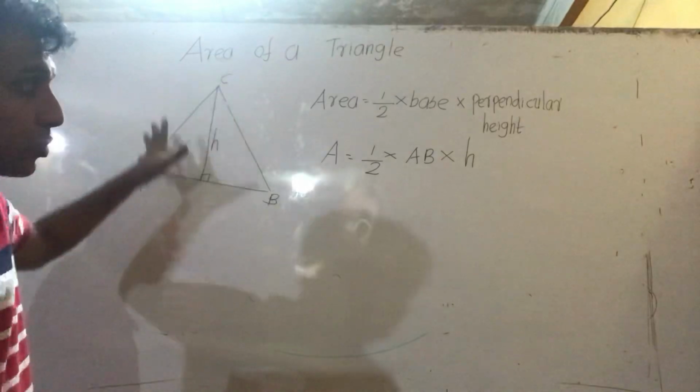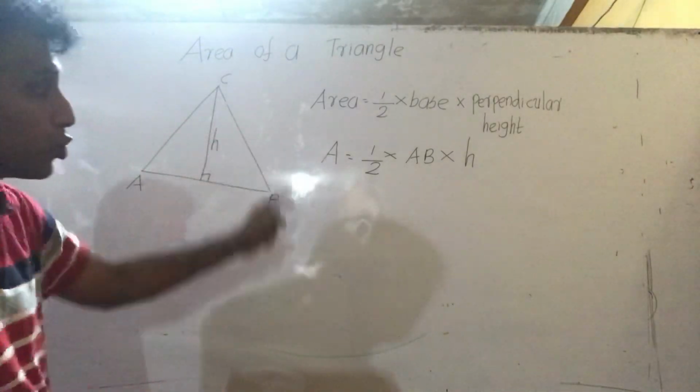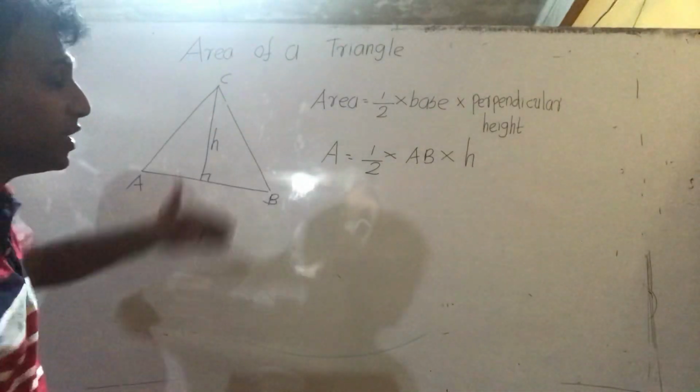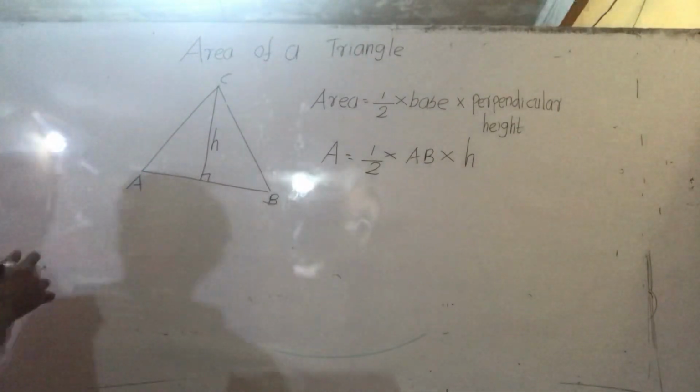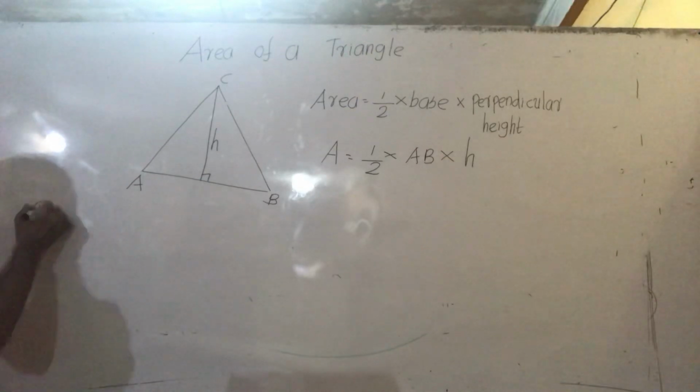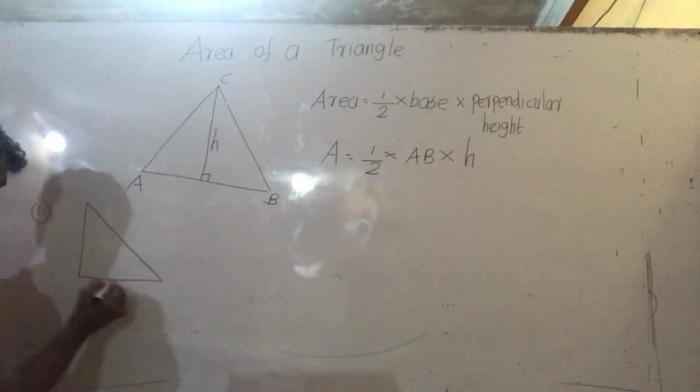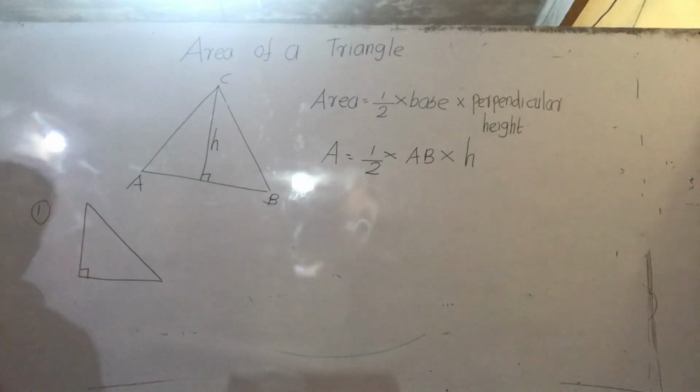So copy this, my dear students. Copy this: half into base into height. Then follow this: half into AB into H. Copy this part, right? How to calculate the area of a triangle today, I will explain through this video.